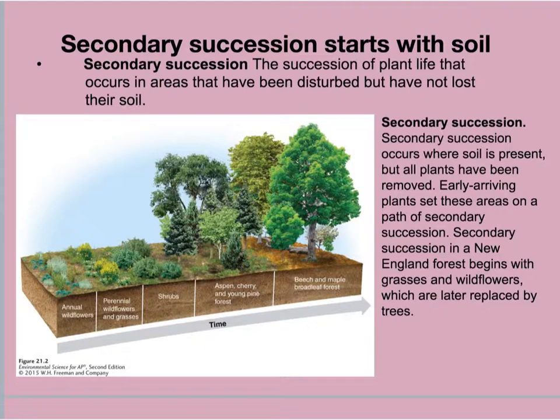Trees like the aspen or the cherry, that are often the first larger organisms to colonize, are what we call a pioneer species. We call them this because their ability to colonize a new area very rapidly and grow very well in full sunshine environments makes them a pioneer.